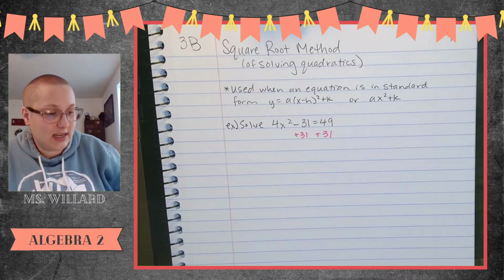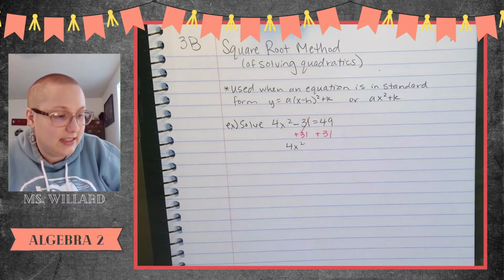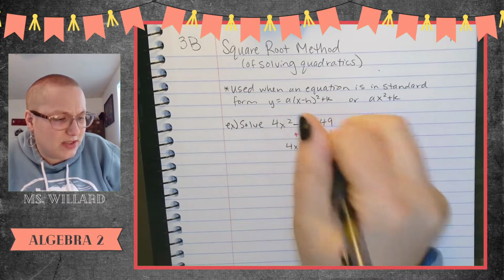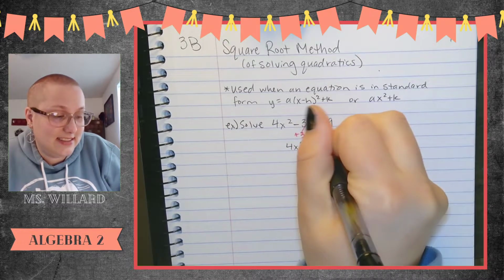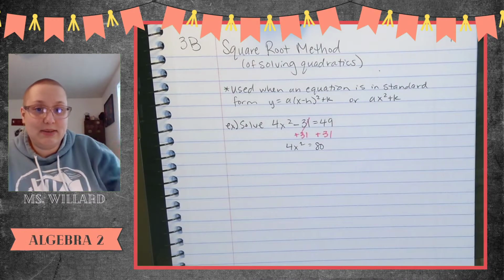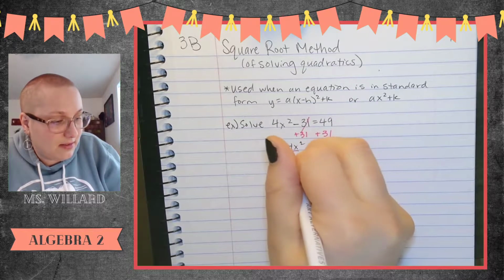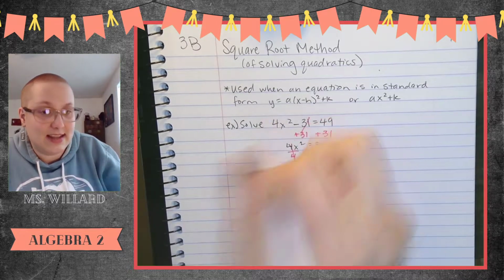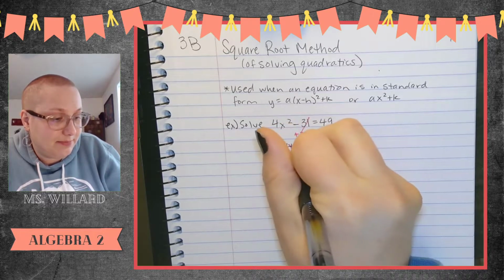So I get 4x squared, that cancels out, equals 80. And then we're going to divide everything by that 4 right there, because that cancels that out. So I get that x squared equals 20.